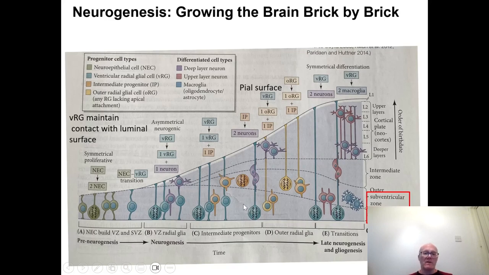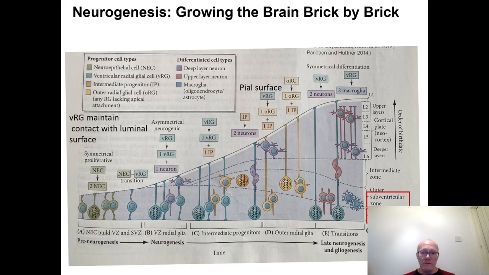This structure is important because the neurons that are produced in the ventricular zone or the external zone can use it to migrate from the internal part, from the lumen, to the external part of the developing brain. Where do these neurons come from?